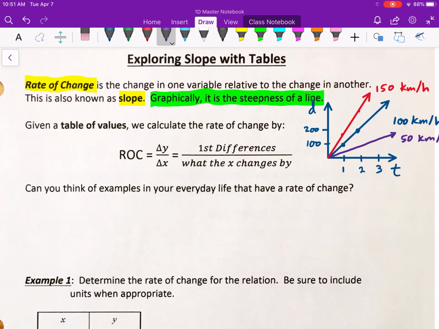All right. So given a table of values, we calculate the rate of change using this formula. So ROC is just short form for rate of change. And that says triangle y over triangle x. That triangle, we call that delta. So delta means change in.